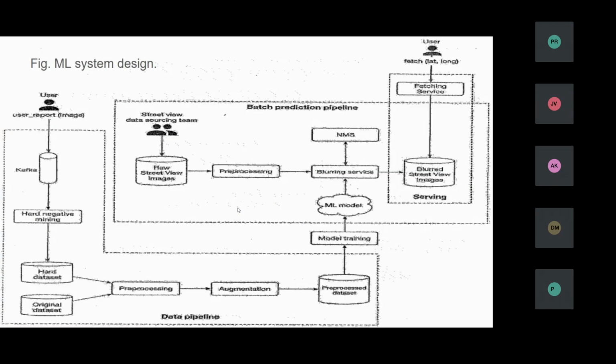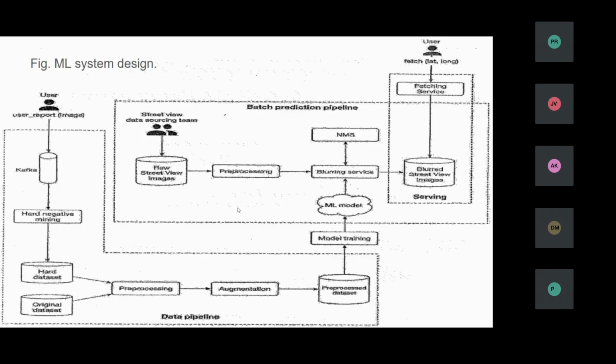As you can see in the batch prediction pipeline, from raw street view images, with the use of pre-processing and the blurring services, we get the final output. And if non-max suppression is needed, with the use of that, the bounding boxes are brought down to one, and then later stored into the database of blurred street view images for the user to use through the fetching services.